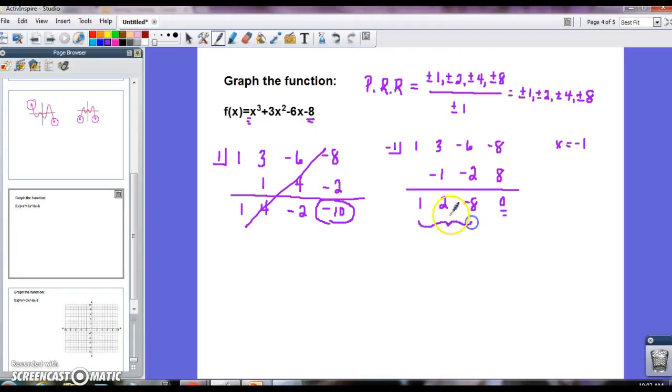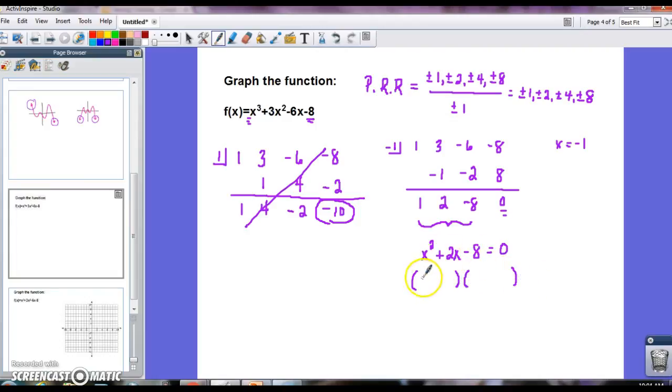Now, take those coefficients and write your new polynomial. I started with x to the third, so my new polynomial will start with x to the second. So I have 1x squared plus 2x minus 8 is equal to 0. This I can factor.